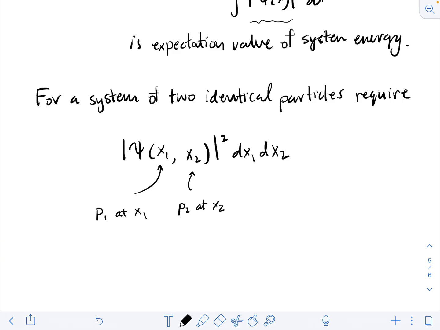And so what I want to imagine is that we swap the positions of these two identical particles. And so now what we're going to do is we're going to say particle 1 is at x2 and particle 2 is at x1.